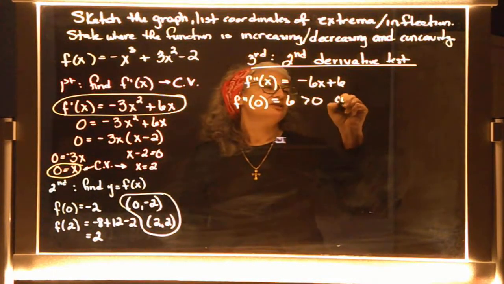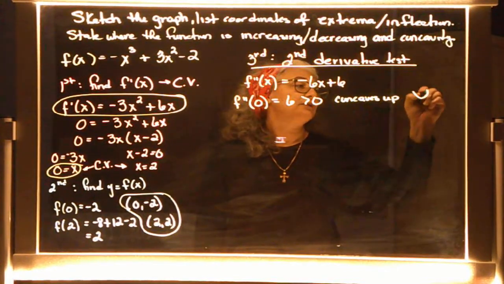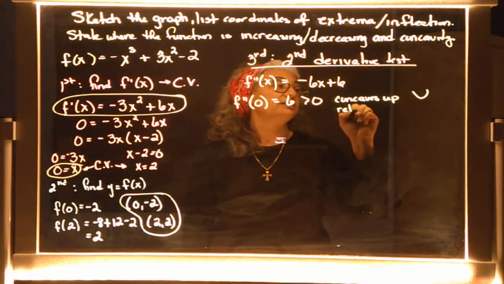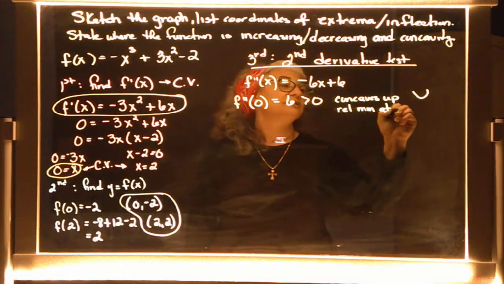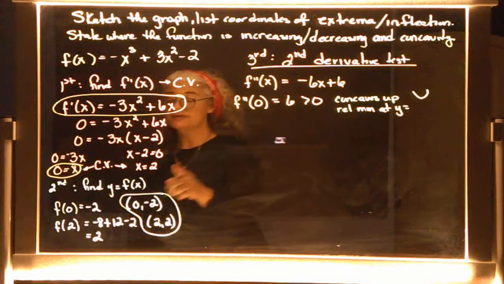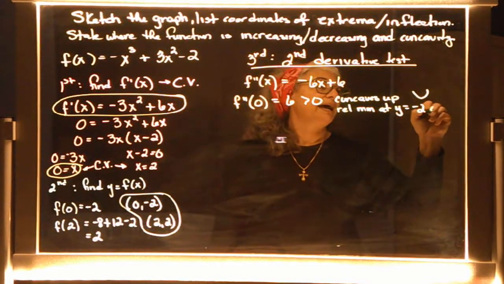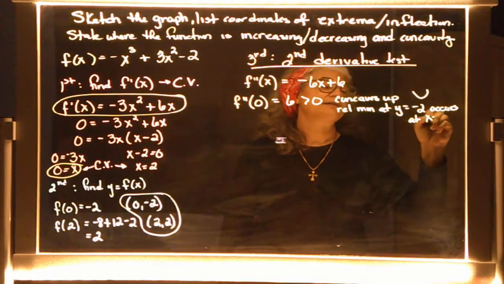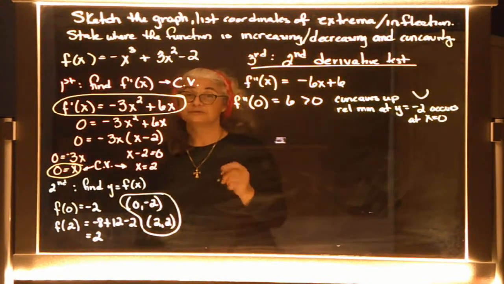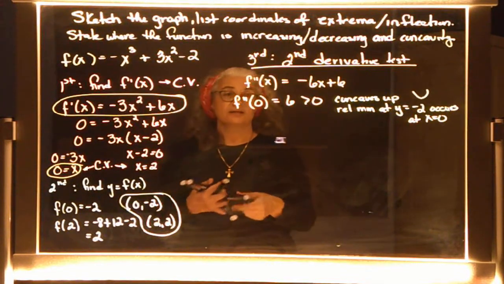That means this concaves up, which means we have a relative min at y equals negative 2, and it occurs at x equaling 0. Correct? Okay.